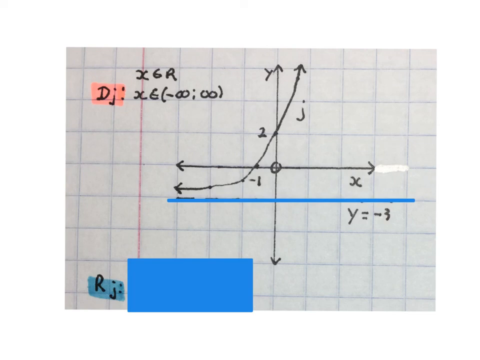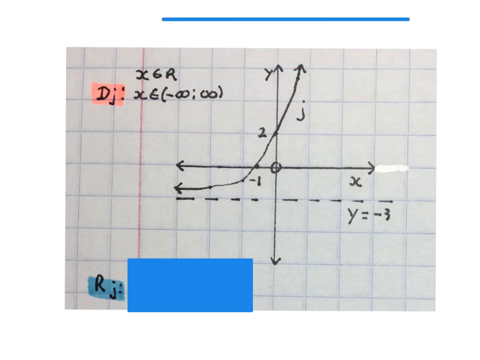Now to find the range, we draw a horizontal line through the graph to see what y values are used by the graph. At minus 3 there is an asymptote, so minus 3 is not used, but all the y values above minus 3 will be included in the range, because for all the y values above minus 3, the blue line will cut the graph all the way up to infinity.